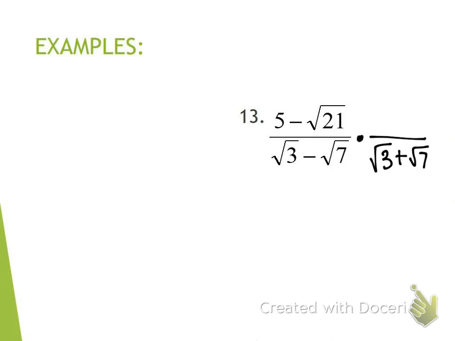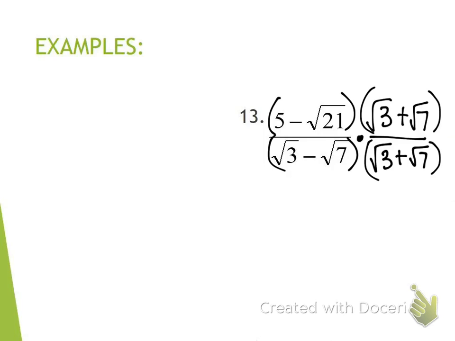If we change both signs, that would be the opposite, which is similar to but not the same as the conjugate. So then root 3 plus root 7. Same thing, top and bottom, just like when we were rationalizing denominators on yesterday's quiz. I like to have my parentheses there so that I remember to double distribute.